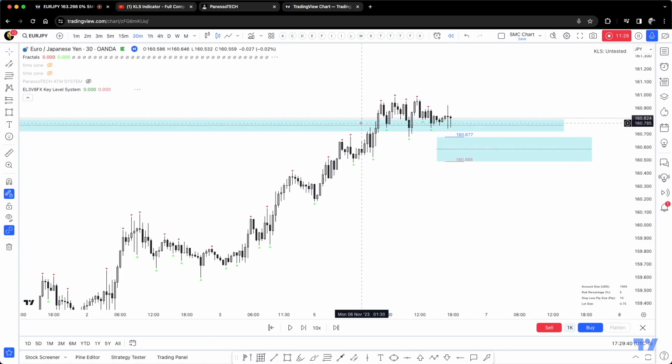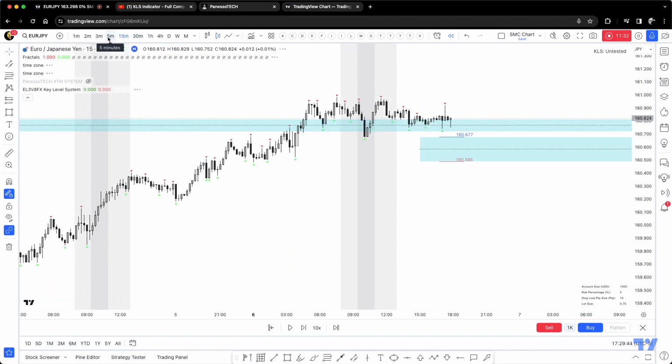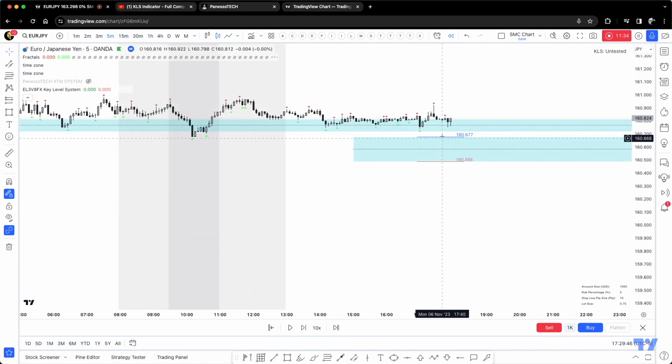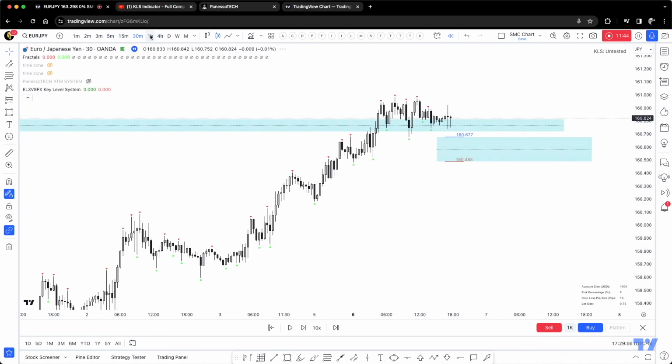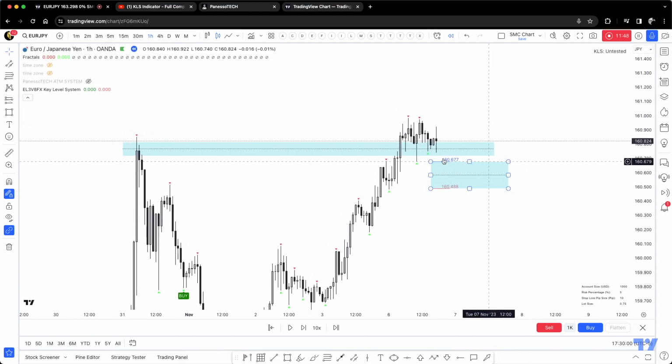So 30 minutes, 1 hour. Even if you go, as I mentioned, to 15 minute, 5 minute, you're going to see the lines are staying in there anyway. You're not going to see them change or anything. They stay in there. So stick to the 1 hour and just wait for price to go and touch.